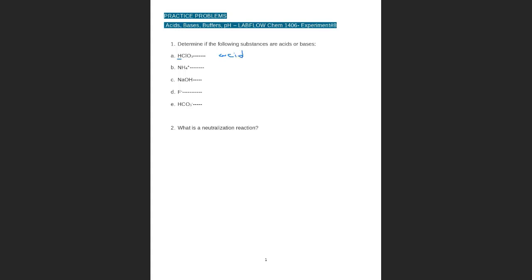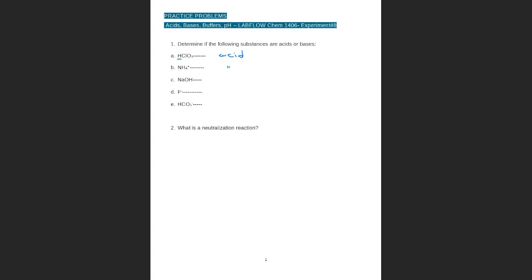How about B? Ammonium, NH4+. Is this an acid or a base? It is also an acid because it can donate a proton.